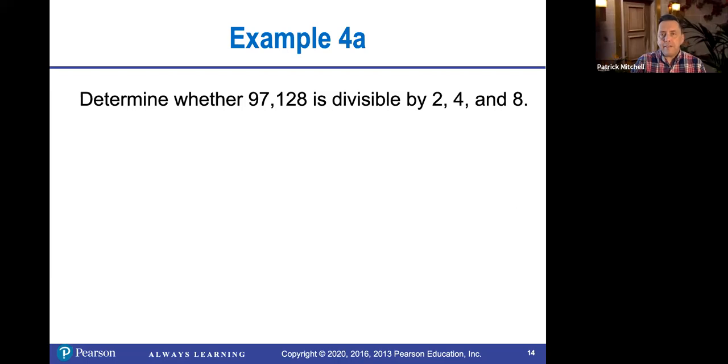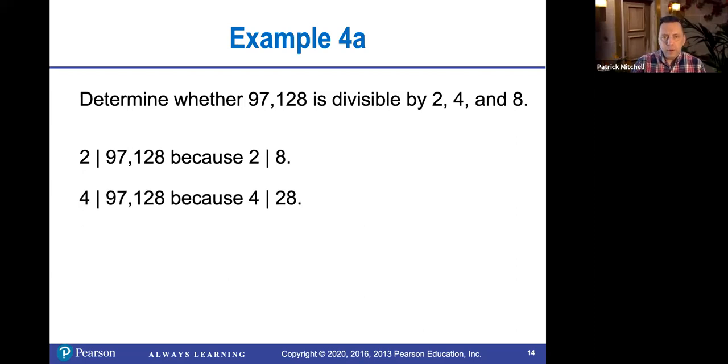So that number is divisible by 2 because it ends in an 8, and of course 2 divides 8. It is also divisible by 4 because 4 divides 28. 28 divided by 4 is 7. And it's divisible by 8 because 8 divides 128. 128 divided by 8 is 16, right?